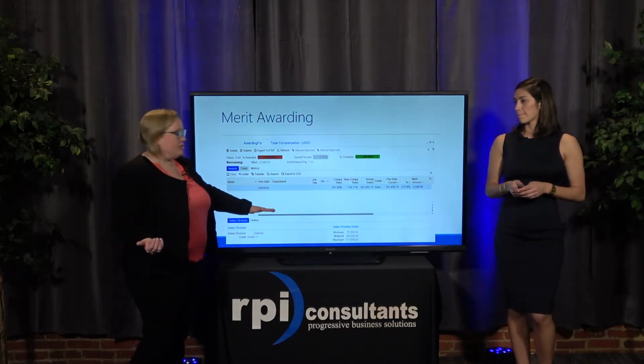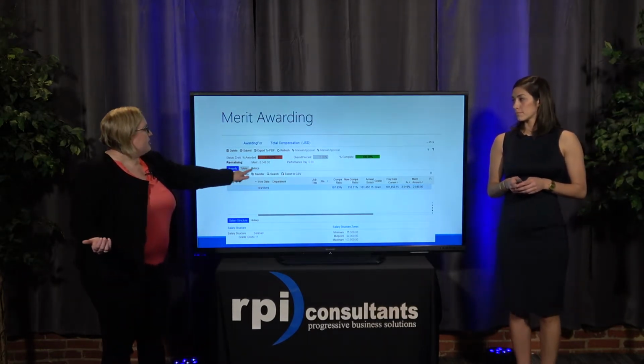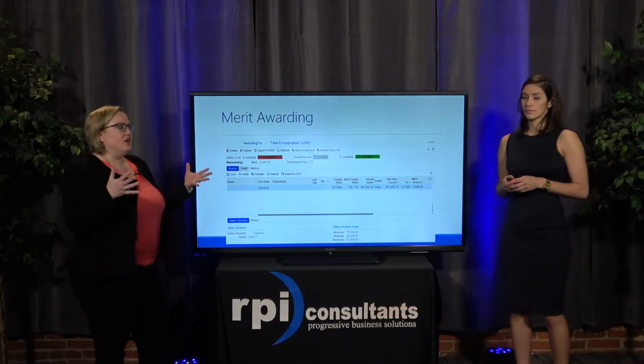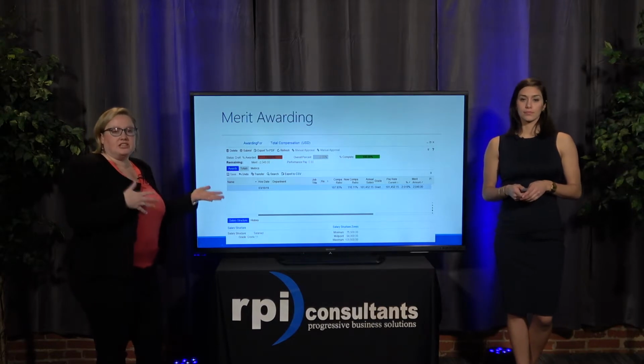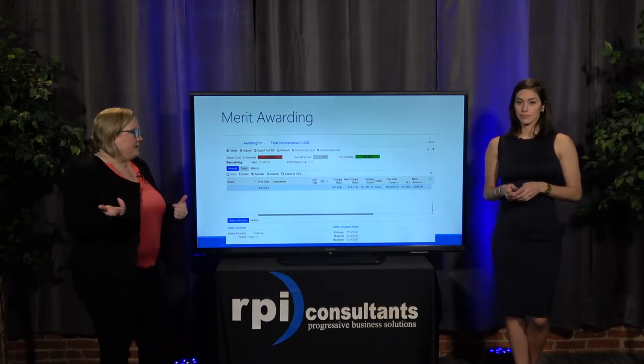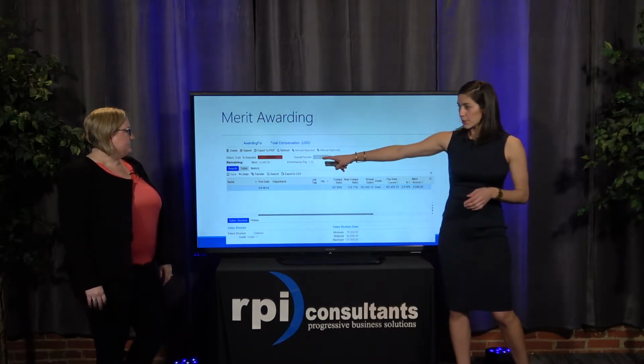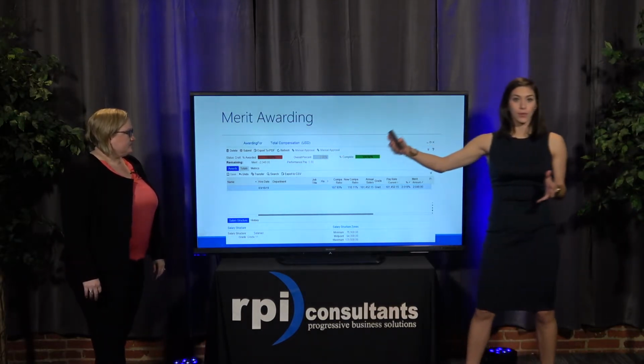They'll have a list of all their employees, and you'll also have a couple other pages here, totals, where they can see how much of my total merit budget have I assigned and how much do I have left to play with. And these progress bars also give you an idea here. You can see we're a little bit over here, so it lights up red.